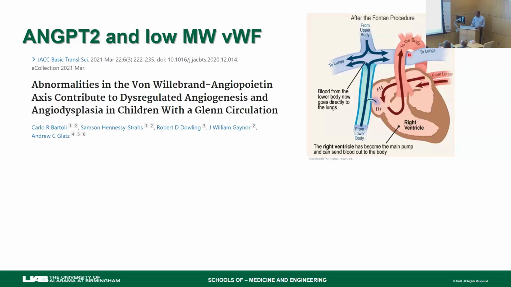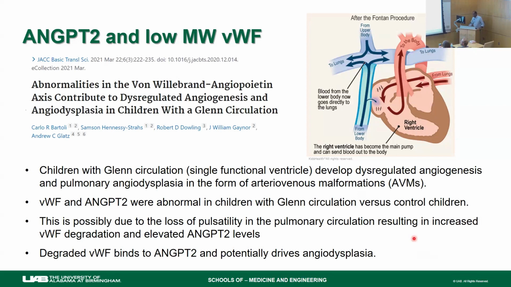So what was interesting with these patients was they developed angiodysplasia in the pulmonary circulation, not anywhere else, but only in the pulmonary circulation. So this appears to be something that happened because you went from this normal pulsatile flow to continuous flow.